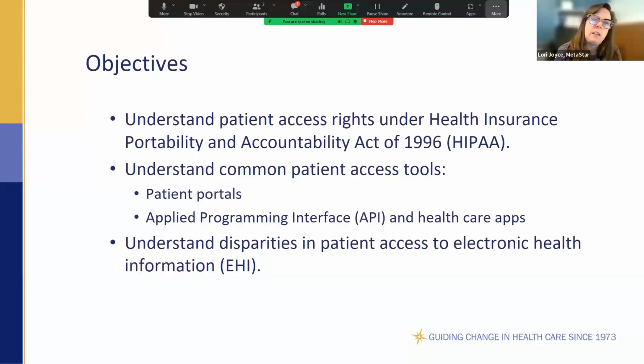And then also understanding what some common patient access tools are, specifically patient portals and how those can be used and implemented, as well as some of the new technology, the APIs or application programming interface, which in layman's terms, let's think of as healthcare apps. And then the third thing that we will be discussing today is understanding some disparities, some new data and disparities in patient access to electronic health information as well.